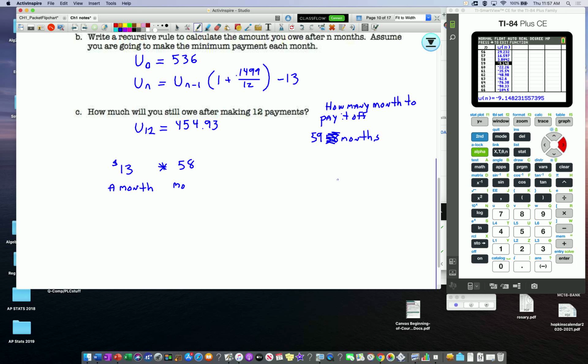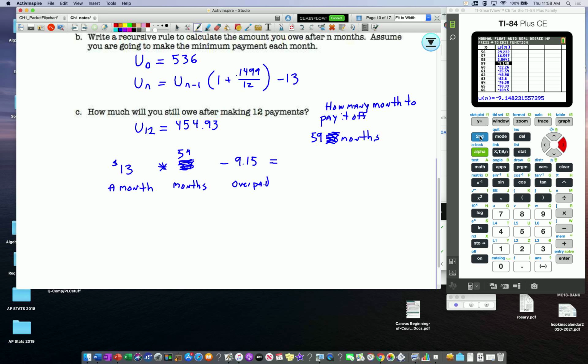That should be 59. So sorry, I did that for 59 months. Okay? But on that last month, I overpaid. So what would usually happen is on that last payment, they would figure out you overpaid by $9.15.